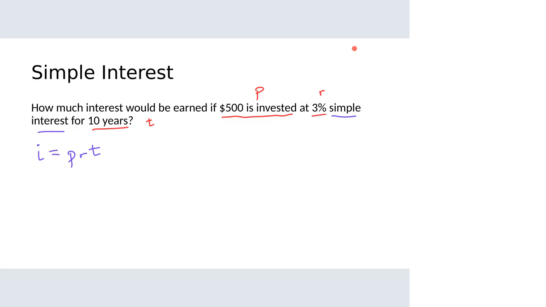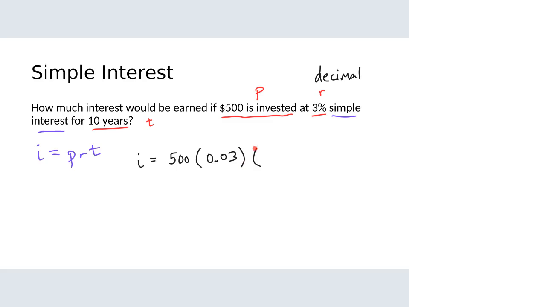And when we do that, we're looking for interest, and that's principal, which is $500, times the rate, which is 3%. It's a key point here that we are going to convert that to a decimal when we plug it in. Be careful. 3% is going to be 0.03, not just 0.3. 0.3 would be 30%, and we don't want that. 0.03 would be 3%.